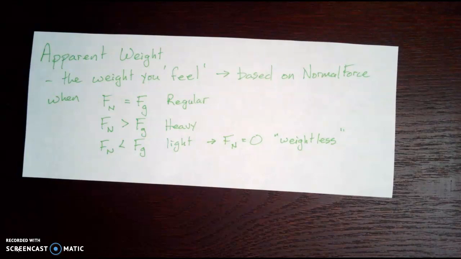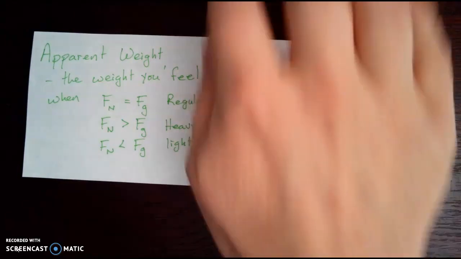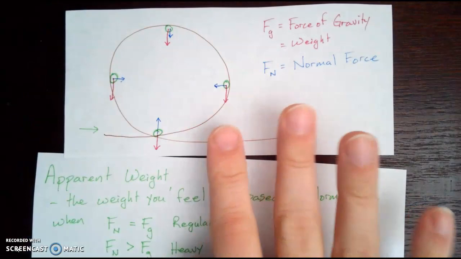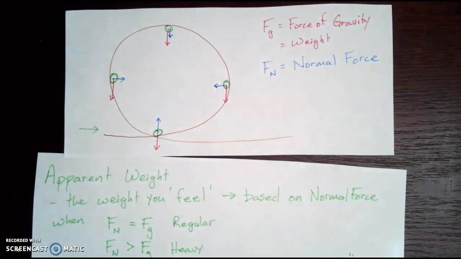When the normal force is greater than the force of gravity, we feel heavy. When our normal force is less than our weight, we feel light. And if the normal force is so small that it's zero, that's when we would feel weightless. Notice at the top of our loop, that's when our normal force got the smallest. If that normal force was zero, the ball would feel weightless at that point.